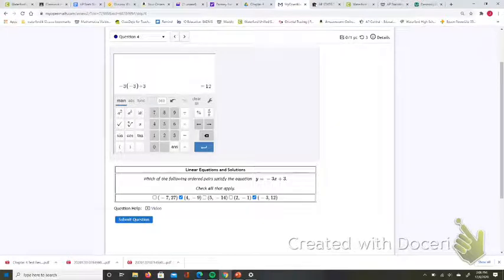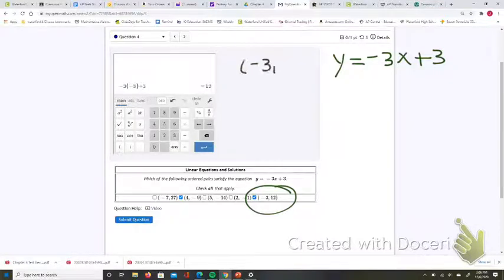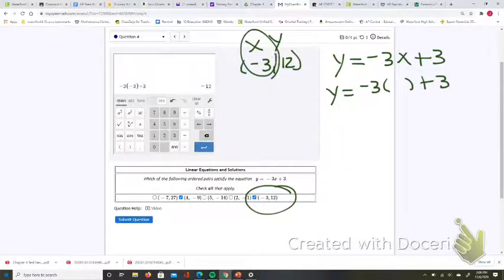So remember that our equation was y equals negative 3x plus 3. Okay, let's test this last one that did work. Negative 3, 12. Remember, the first one is x, the second one is y. So I say y equals negative 3 parenthesis plus 3. And then remember, the number that goes in the parenthesis is the x, so it's going to be the negative 3.